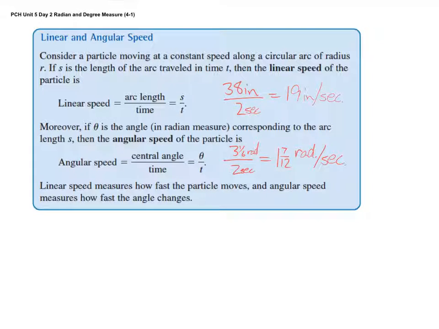So, linear speed is how fast the actual object on the outside of the circle is moving. Angular speed is measuring how fast your angle is changing. So, kind of a cool application there. And this is something we may take into account.